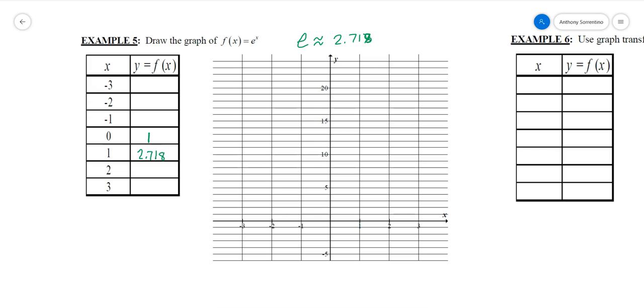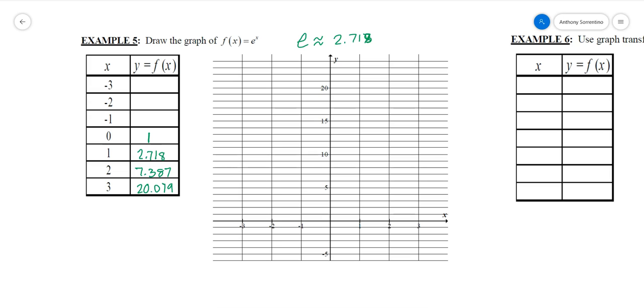So if I square it, I get 7.387. If I cube it, I get about 20.079.